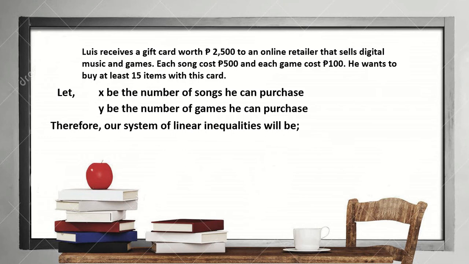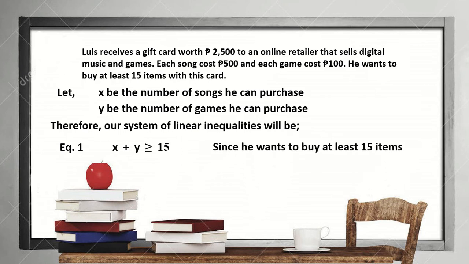Therefore, our system of linear inequalities will be, for equation 1, we have x plus y is greater than or equal to 15. So, since he wants to buy at least 15 items, kaya ang meron dito ay greater than or equal to 15. So, at least 15.